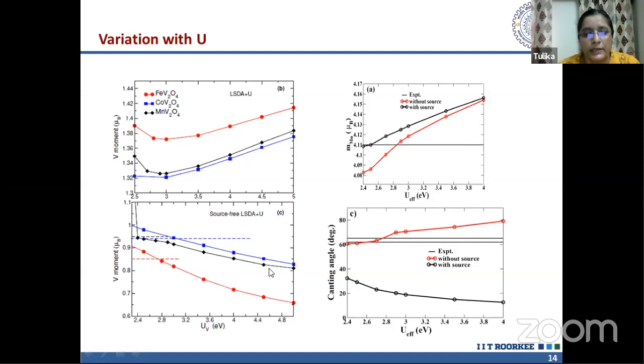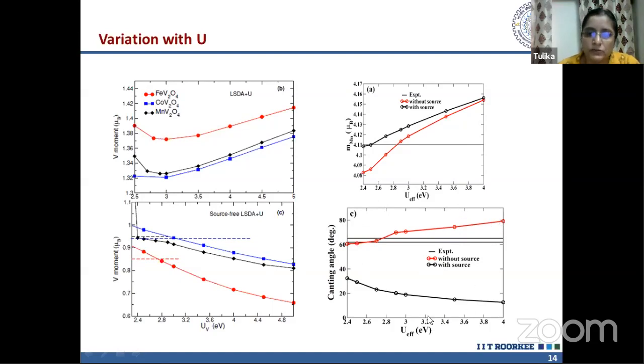Basically, the vanadium moment with higher U becomes more non-collinear, whereas if we do the traditional DFT calculation as a function of U, with source, it drives the system towards more collinear, so the canting angle actually decreases with U, whereas the canting angle increases in this case.